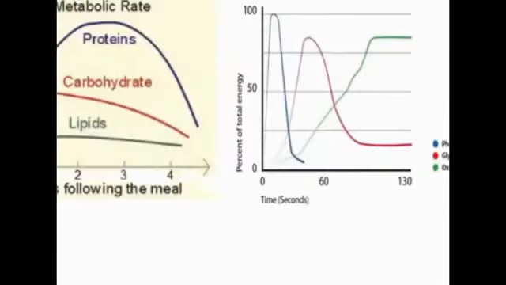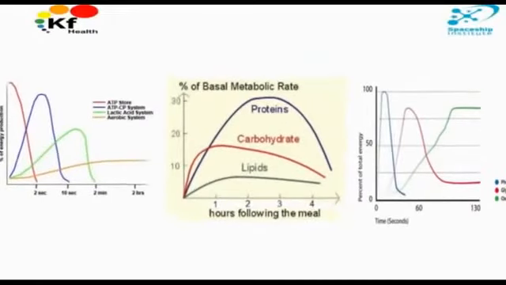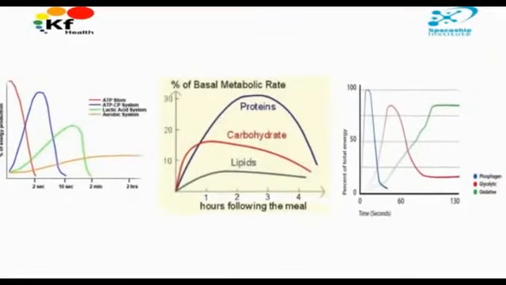Then we go to the next slide. 24, this is the schematic view of how we use the energy of proteins, carbohydrates, and lipids, and what kind of energy they give us during the time.